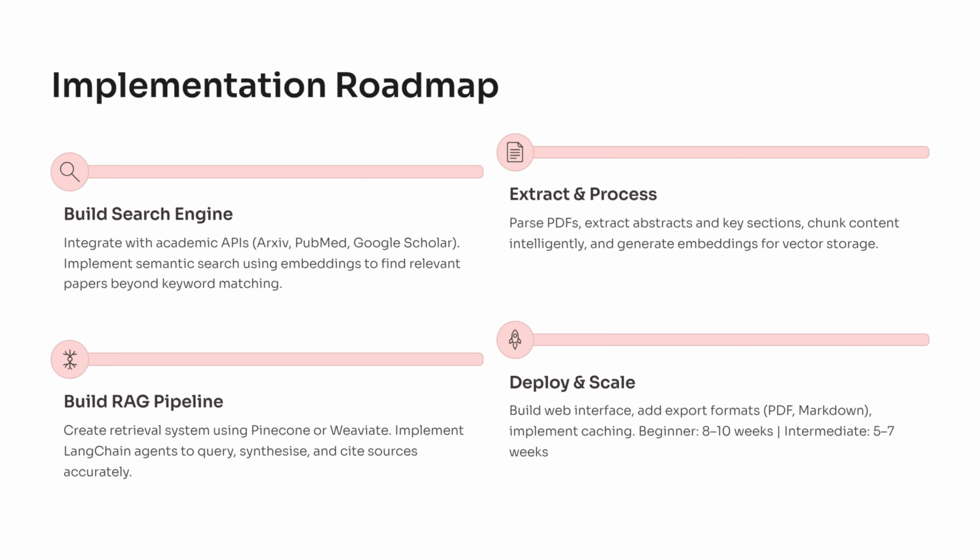Finally, you deploy and scale the system by building a web interface, adding export formats like PDF or Markdown, and implementing caching for performance. Beginners usually complete this in 8 to 10 weeks, while intermediates finish in 5 to 7. The entire roadmap mirrors how real research intelligence systems are built in industry, making this project an excellent portfolio piece that immediately signals practical readiness to hiring managers.